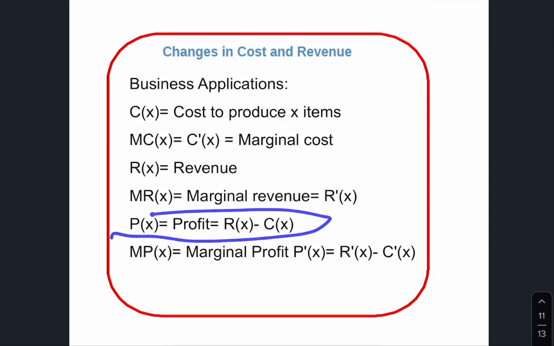So profit is just, first you're going to subtract the revenue and the cost. Now the marginal profit is just how much the profit is changing per unit of time or unit of production, depending on what your formula is. You're just going to take the derivative of that. Now, if you've already taken the derivatives, then you can just subtract them.